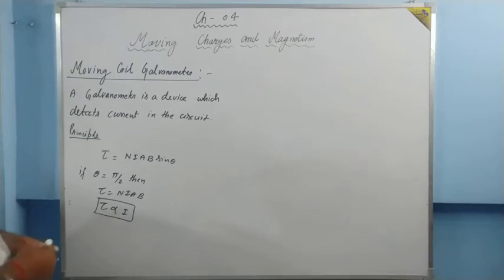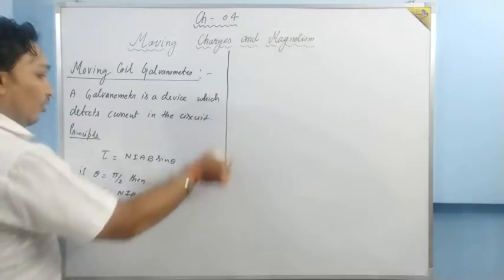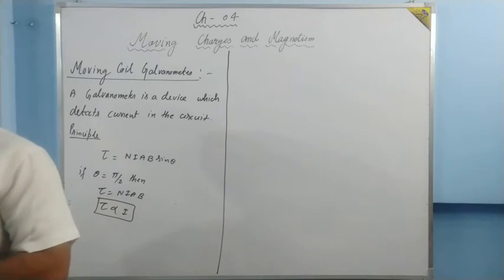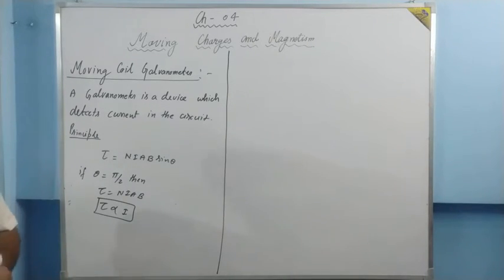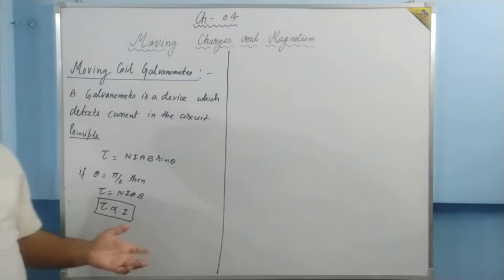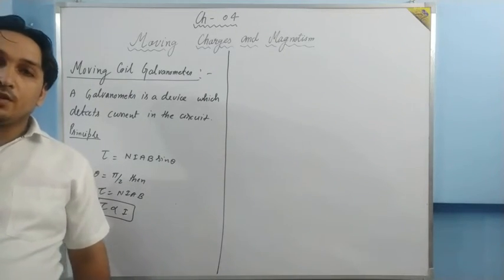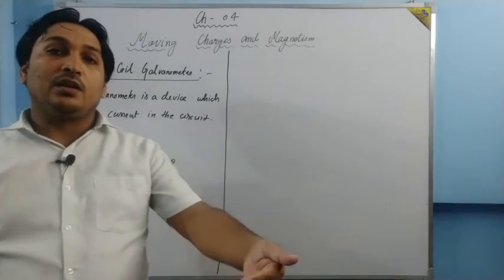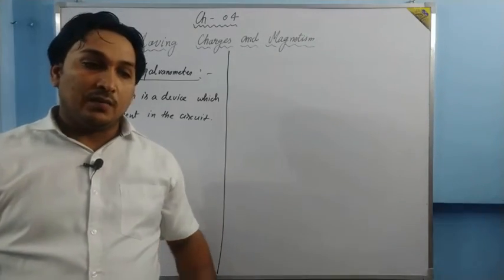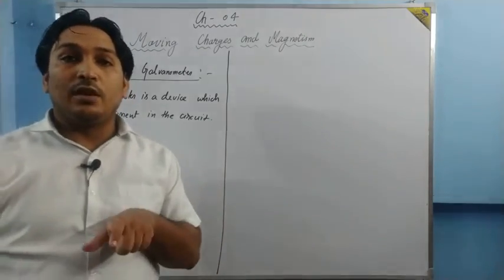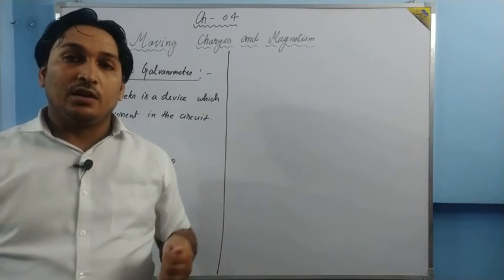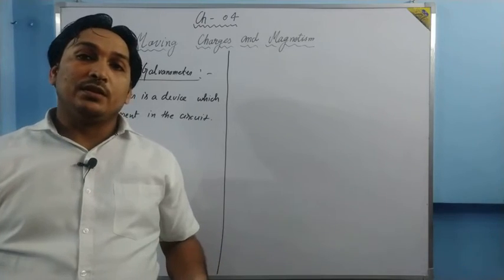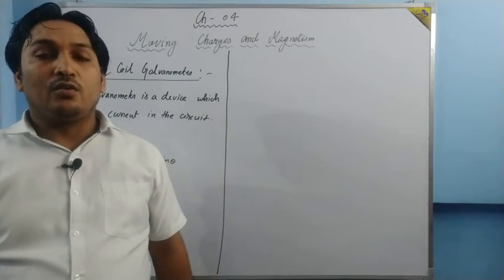So the principle is that the torque acting on a current carrying loop is directly proportional to the current flowing in the loop. If the coil rotates by a greater angle, the current in the circuit is greater. If it rotates by a smaller angle, the current is smaller. If the coil is not rotating at all, it simply means there is no current in the coil.